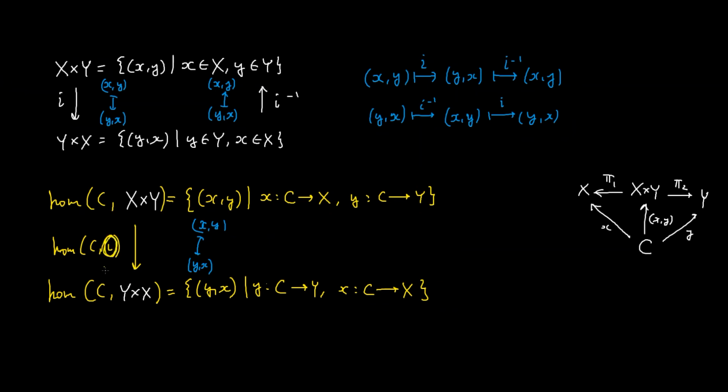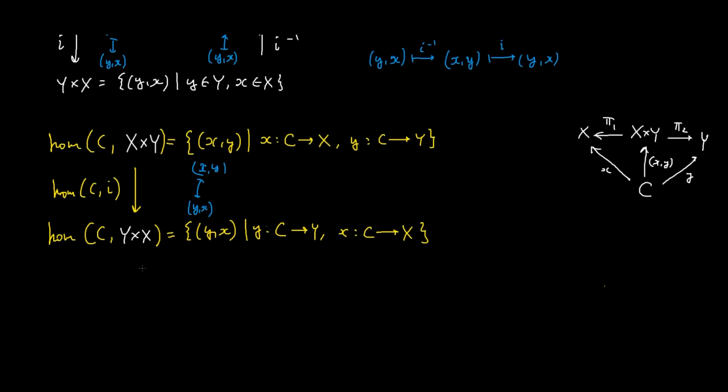We actually need the isomorphism I, right? So how can we get the definition of the isomorphism I by knowing what I wanted to do in the language of generalized elements? I want hom_C(-, I) of the pair xy to equal the pair yx.